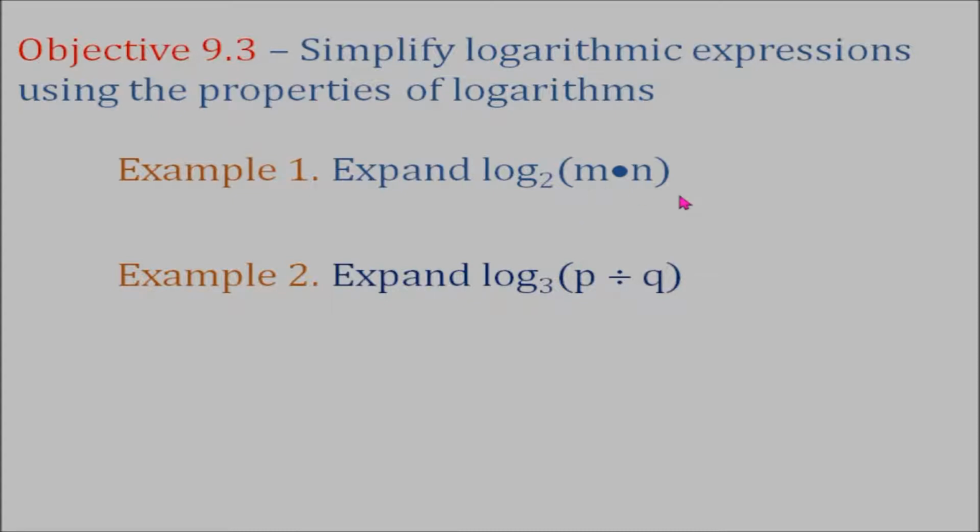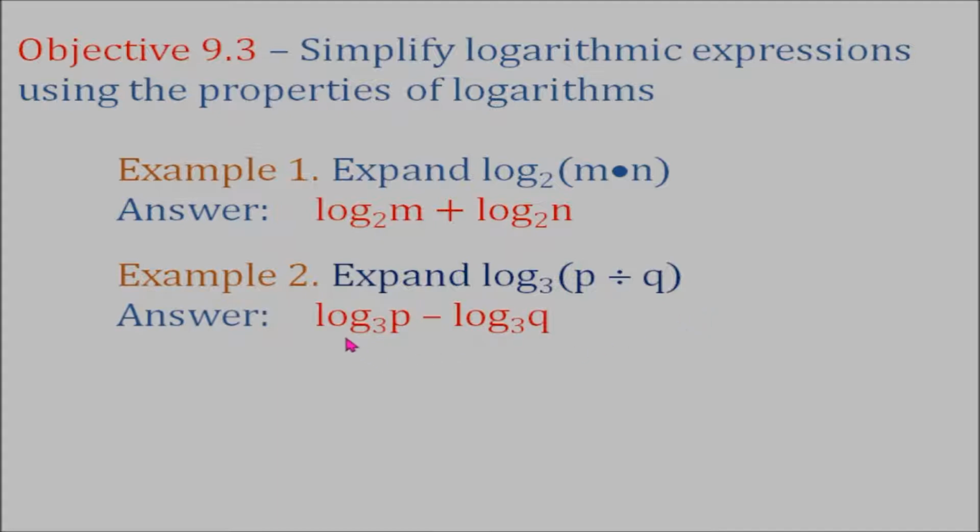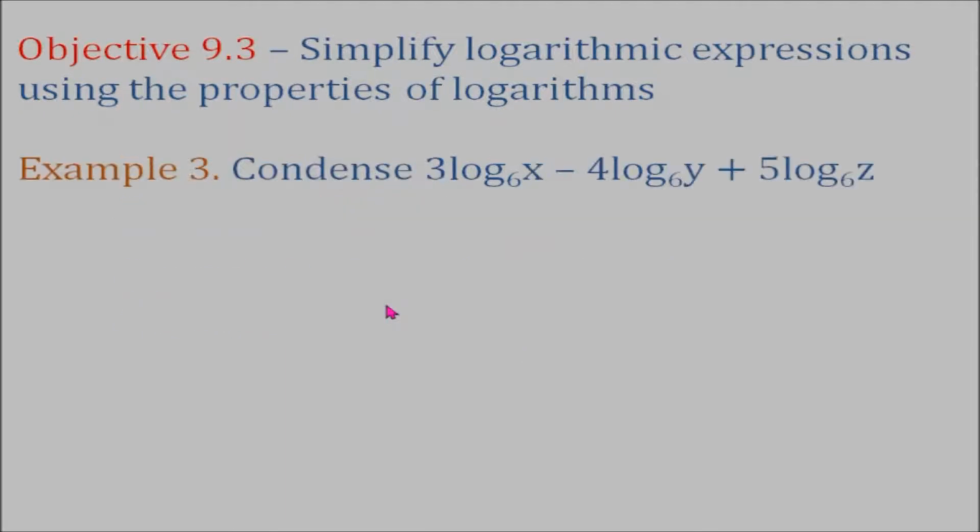So from our product rule, we can write log base 2 of m plus log base 2 of n. Example number 2. Expand log base 3 of p divided by q. By the quotient rule, we have log base 3 of p minus log base 3 of q.